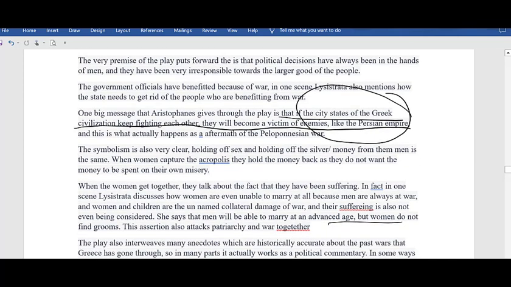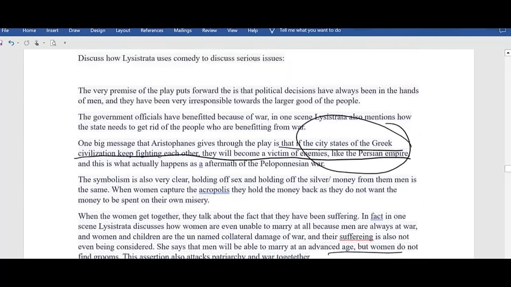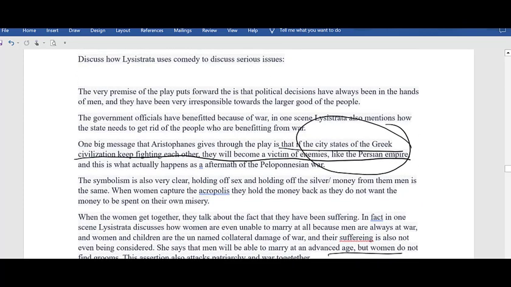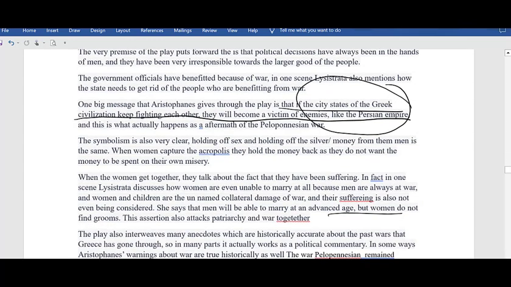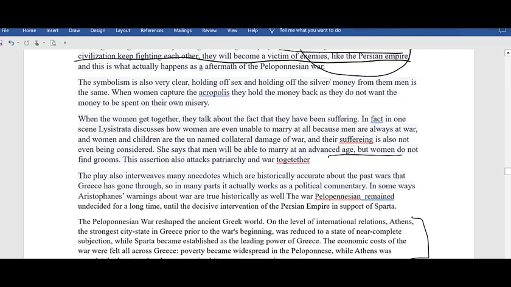If you read the history of the Greek Empire and the Persian Empire, this Peloponnesian War was the catalyst that led to Greece becoming more and more poor over the ages, and other city-states becoming powerful, and finally the entire civilization goes down. So the larger takeaway, even though he's talking about the fact that sex is being withheld, men are desperate, they are all in need of sex, they are all hounds, and women are also playing a part in being seductresses, etc.